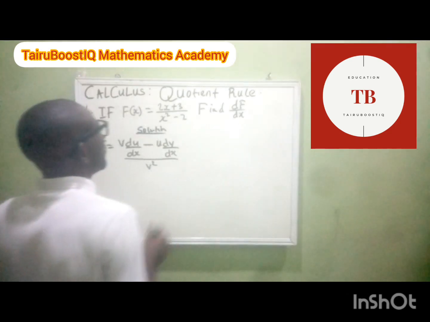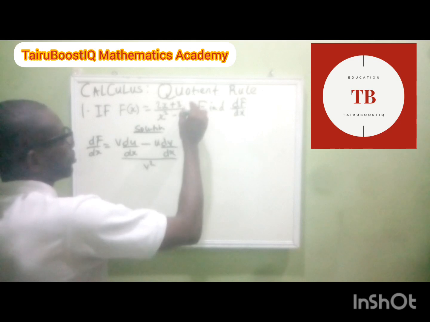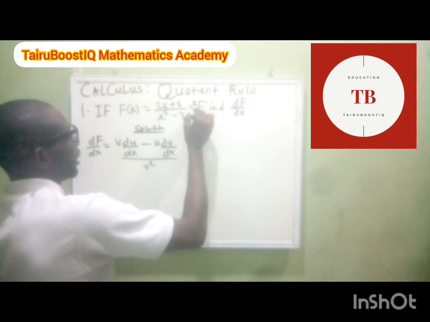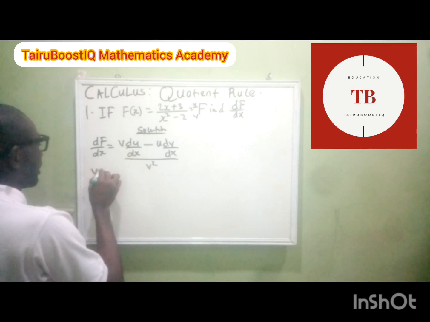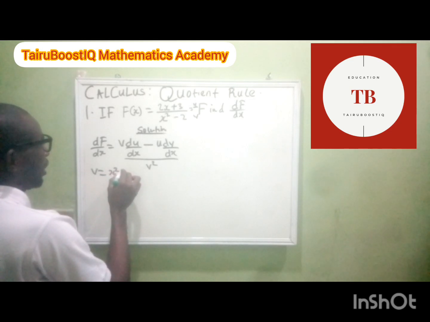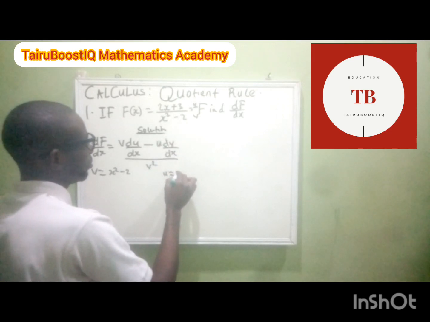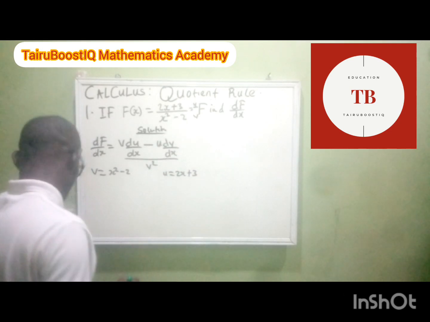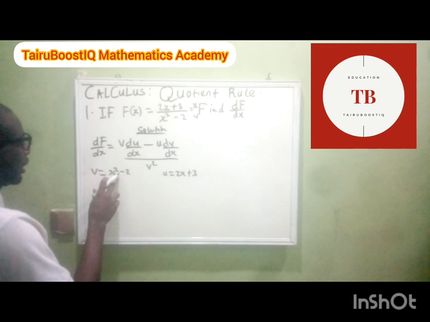Remember that the numerator is our u, and the denominator is our v. So our v is x squared minus 2, while our u is 2x plus 3. From here we can get dv over dx.